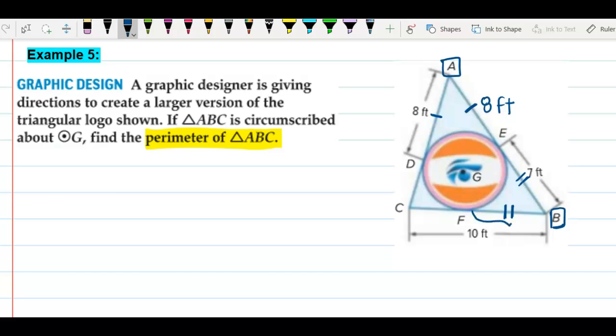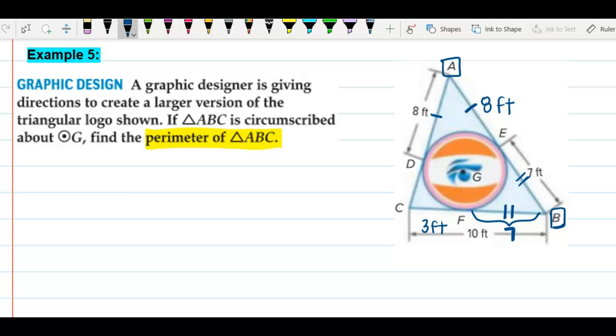So from B to F, this is just 7. Which means if we look at segment CB as a whole, if the entire thing is 10, but I've used up 7 of it from F to B, that means I have 3 feet left here to give to CF. So the whole thing was 10. I already gave 7 away. That means I have 3 feet left for CF.